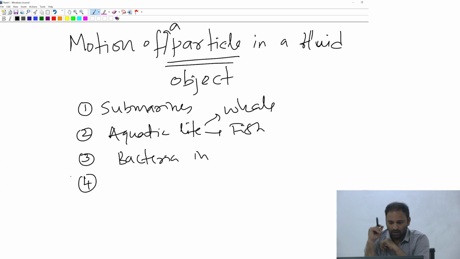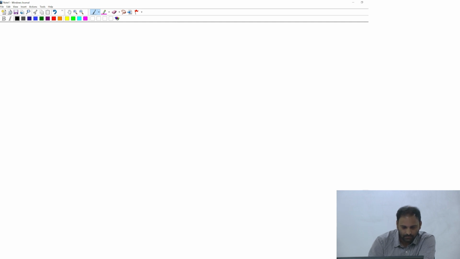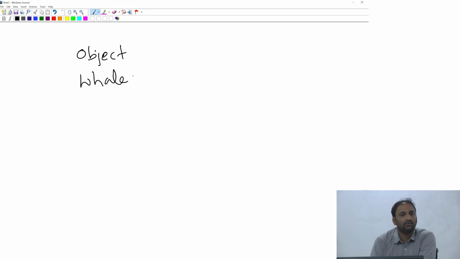I'm going to ask you to do a simple calculation. Let's think about, I'm going to have a table. This is going to be your object. Let's take 3 cases, maybe 4 cases. A whale, a human or a man, and a bacteria.